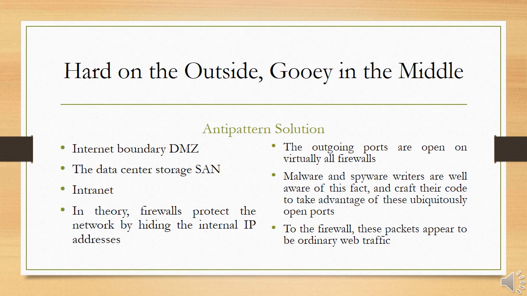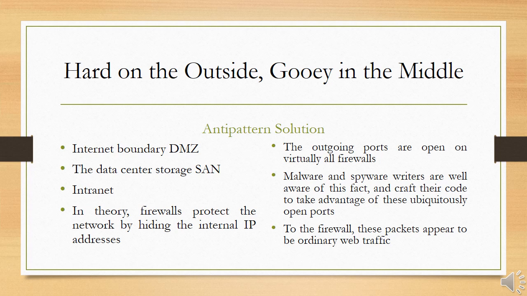Network security is concentrated at the firewall, and the firewalls are assumed to protect the entire network. In theory, firewalls protect the network by hiding the internal IP addresses through network address translation and blocking the incoming packet traffic on denied port numbers.